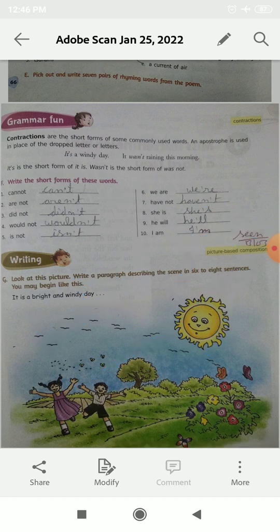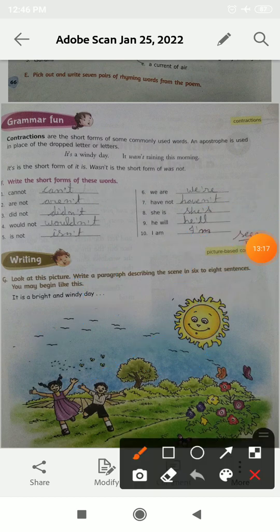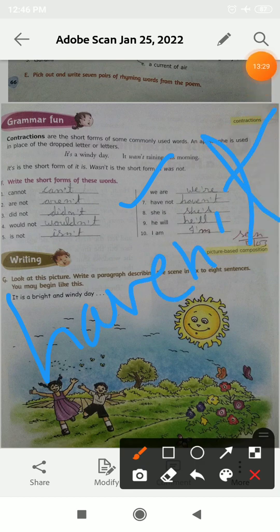Now next number, that is number 7. And here the seventh word is have not. And this is the spelling of haven't. This is the short form of have not, that we say haven't.